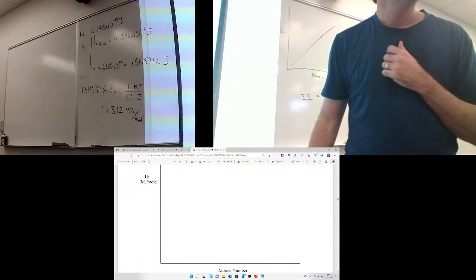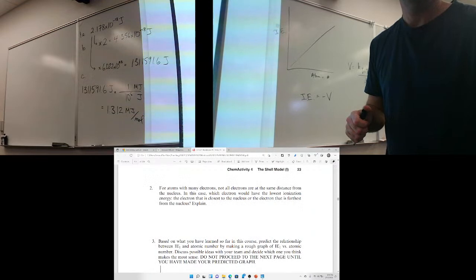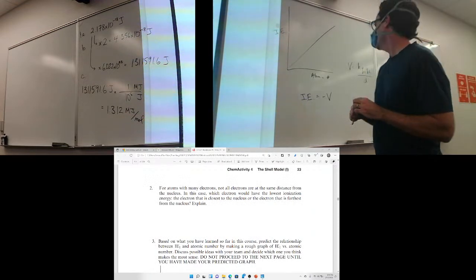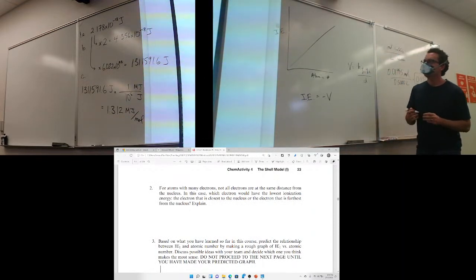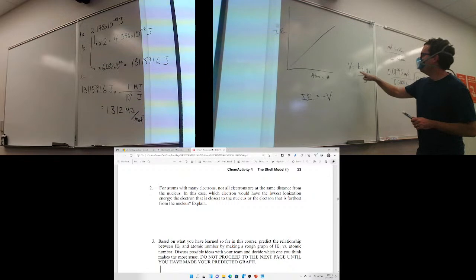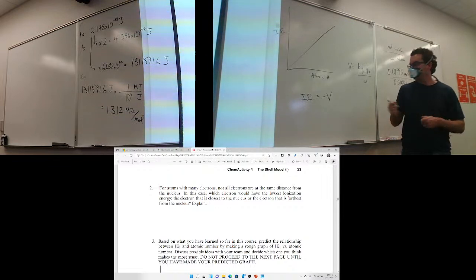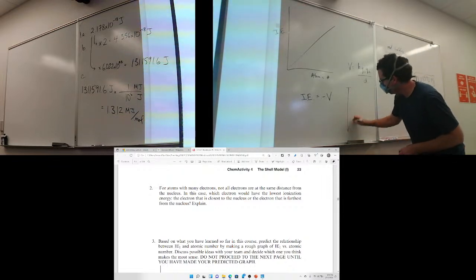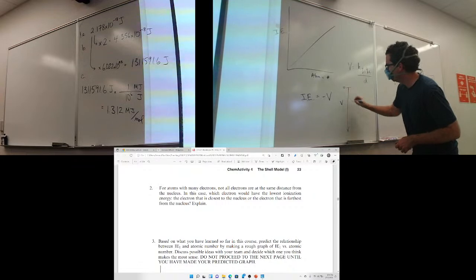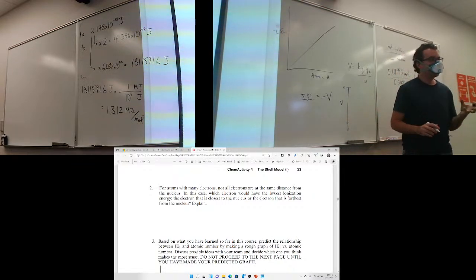Before you go on, can you go back to number 2? I started at 1, and I said the electron closest to the nucleus has the lowest. The closer it is, the lower the potential energy is going to be. So on the potential energy scale, here's 0. The closer it is, the more negative the potential energy is going to be.